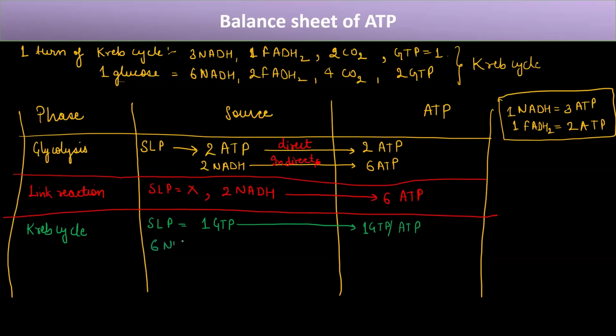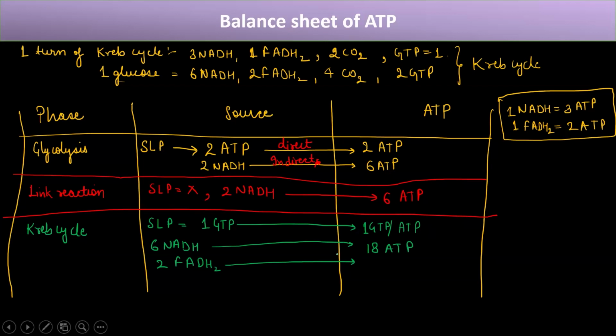We have 6 NADH, and these 6 NADH will go and produce 18 ATP. Then we have 2 FADH2, and these 2 FADH2 will produce 4 ATP.